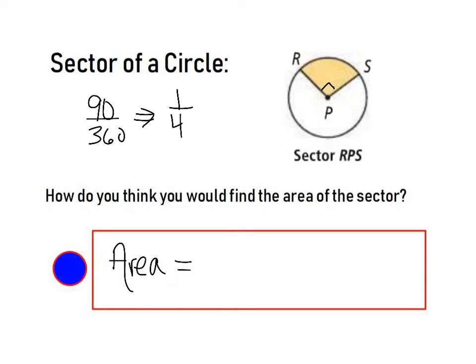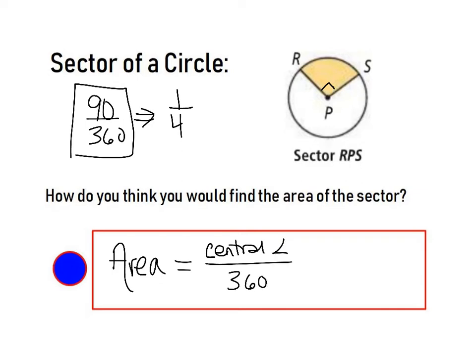They don't always reduce, sometimes they do, but this idea right here, this is what we're going to use. Instead of it being a 90, I'm going to call it the central angle over 360. Whatever that ratio is, I'm going to then take that ratio times pi r squared. And that'll get me just the portion of the area of the circle that I want. Go ahead and jot down that formula. That's what we're going to be using today.